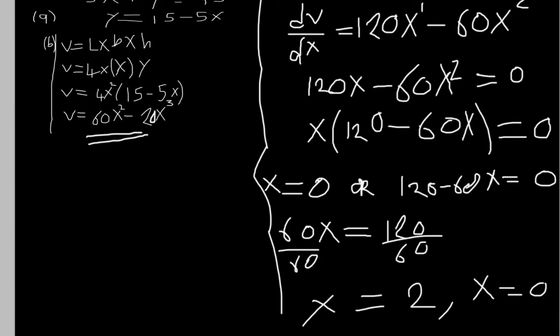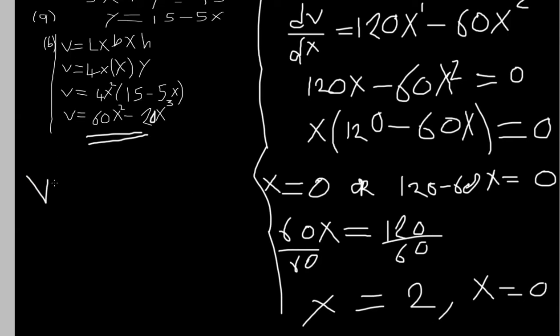But of course we know that when we put x is equal to 0 there, the volume will be 0. So in short, what is going to give us the maximum volume is x is equal to 2. So I'm just going to replace this 2 in this expression to find my maximum volume.